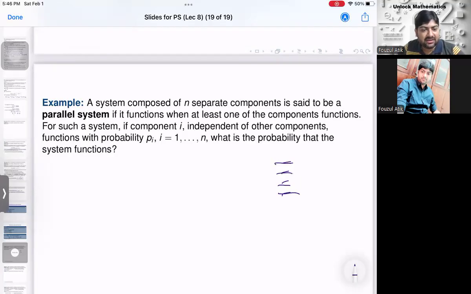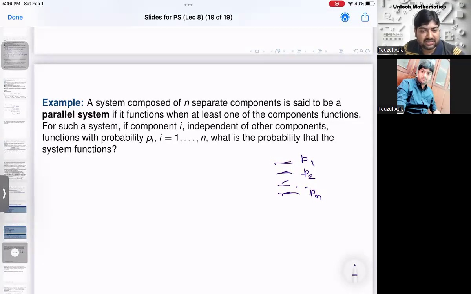Now given that for this system, component i, which is independent of the other components, functions with probability p_i, component 1 will function with probability p1, component 2 with probability p2, and like that component n functions with probability pn.